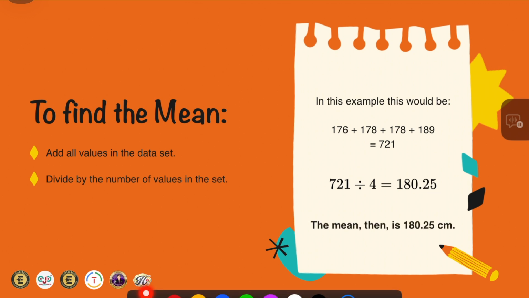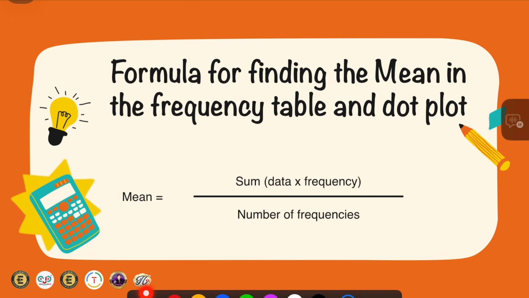Okay, so easy, right? But when we come to find the mean from a frequency table, or another type which is called a dot plot, we are using another formula. We have the frequency, so we need to multiply each data value by its frequency. It means that we need to sum up data times frequency, then divide by the total frequency.